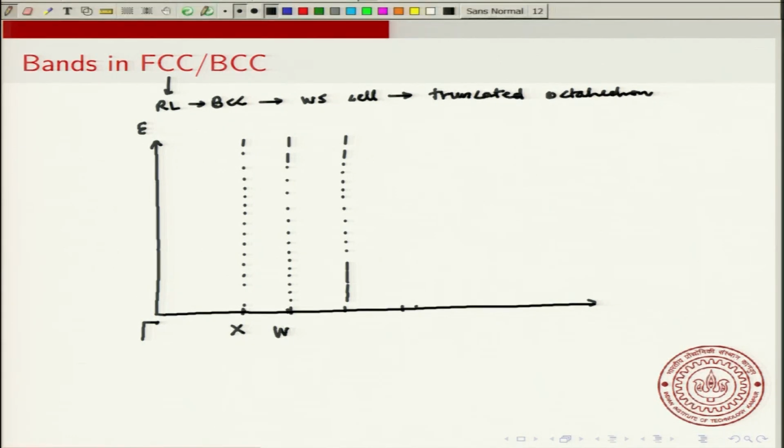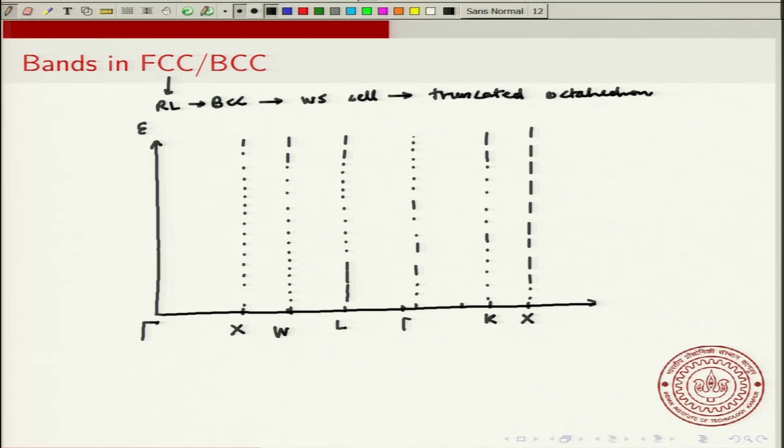It is only gamma to X that is a straight line path, X to W is a straight line path, W to L, L back to gamma, gamma to K, and K to X. Okay, and I am just showing these lines for reference.